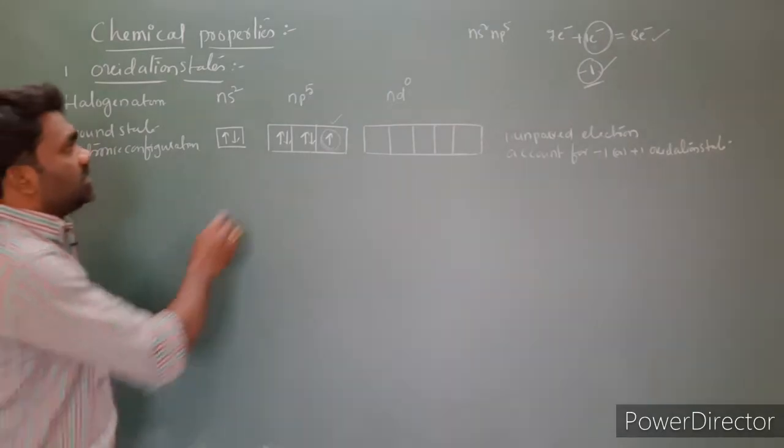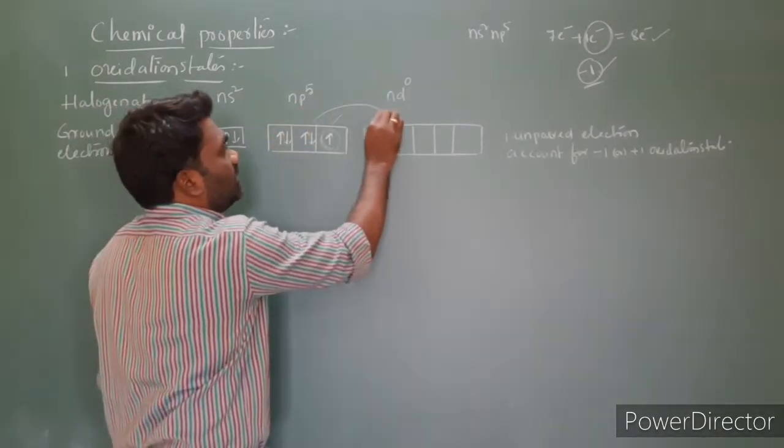Next, excitation: the electron present in the np orbital gets excited to the nd orbital.